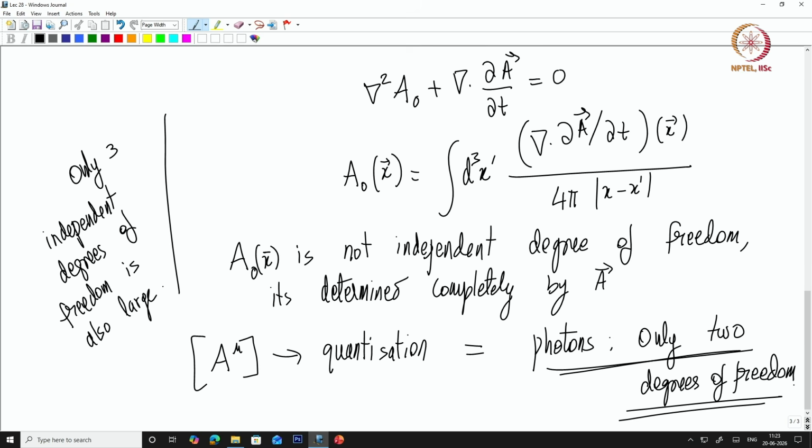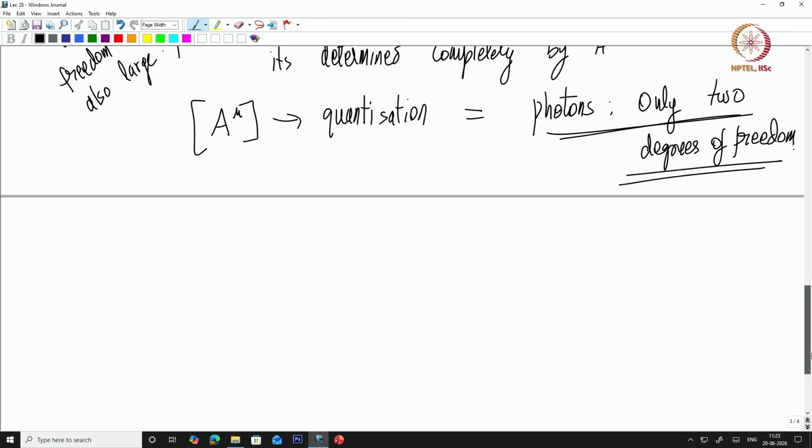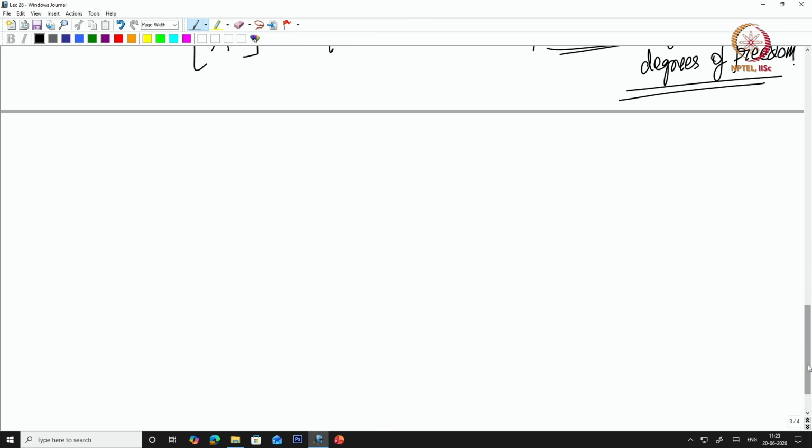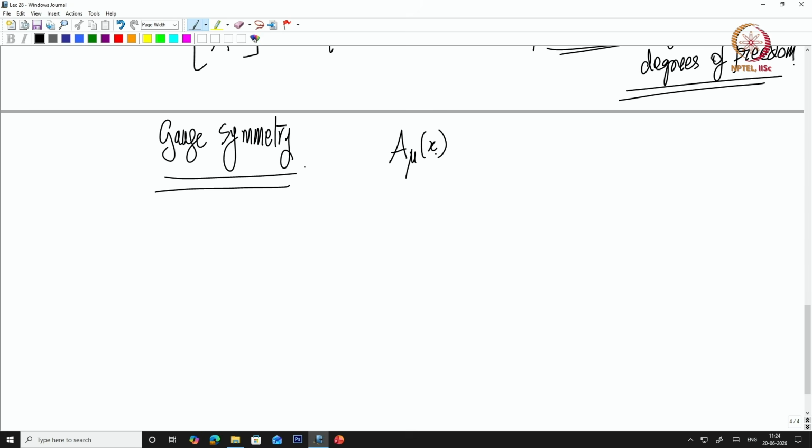So what is the cause essentially? What is the other cause? This is an important thing called gauge symmetry. Now, you know that if you have A mu of x, you can always transform it; it is only determined up to del mu of phi. Since we have used phi, let us call it lambda of x.